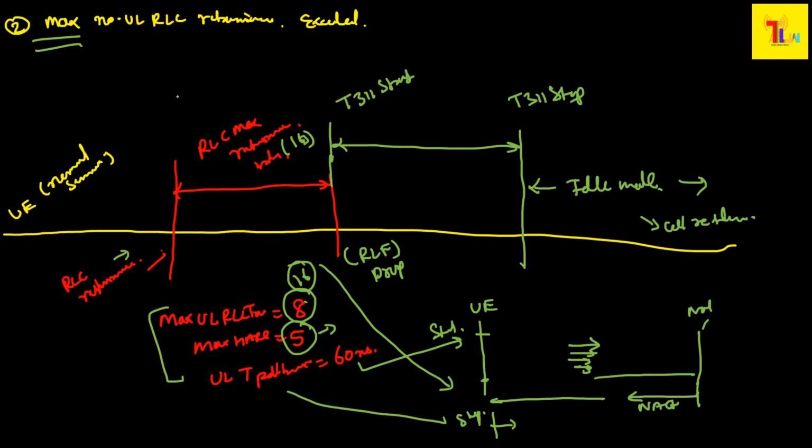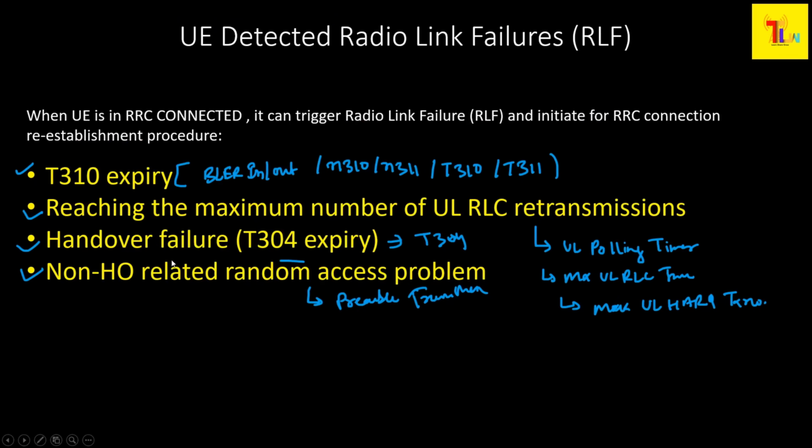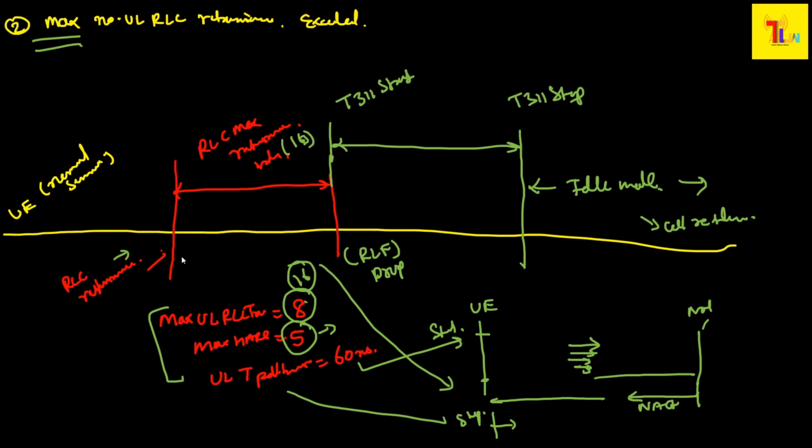Now these two scenarios we have discussed. Now the third one is handover failure, so RLF due to handover. Let me change the color. This third scenario that we are going to discuss is RLF due to handover.